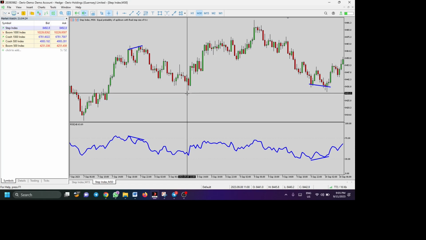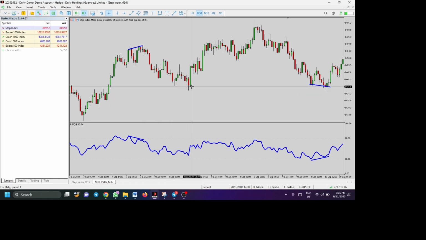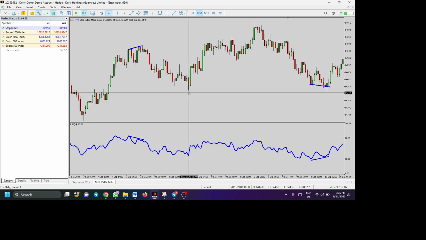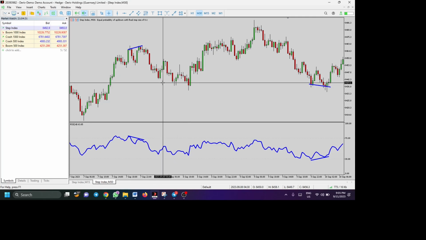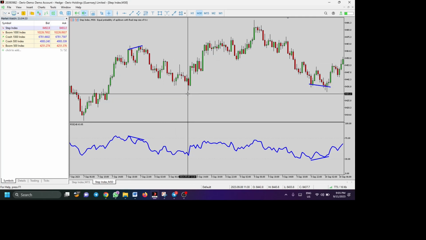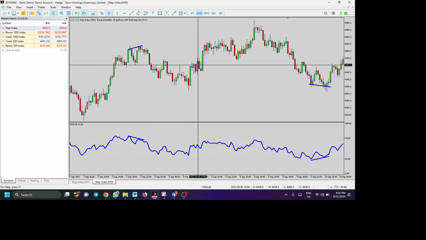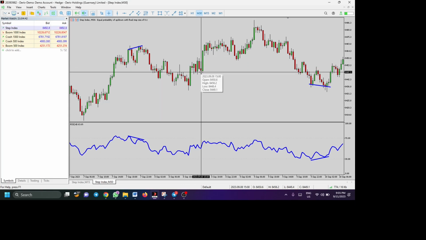For example, in this context, all these would have been considered valid pivot points, so I could have said this lower low, lower high, lower low, lower high, lower low. But this part wouldn't have qualified as a higher high, nor a higher low.